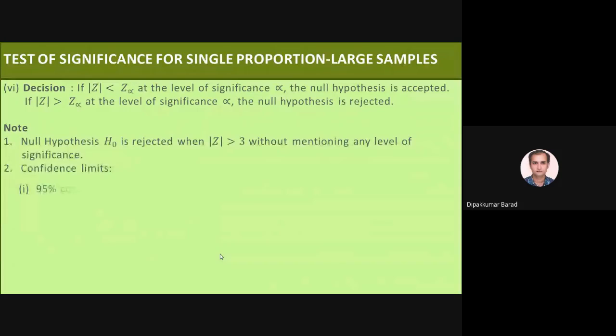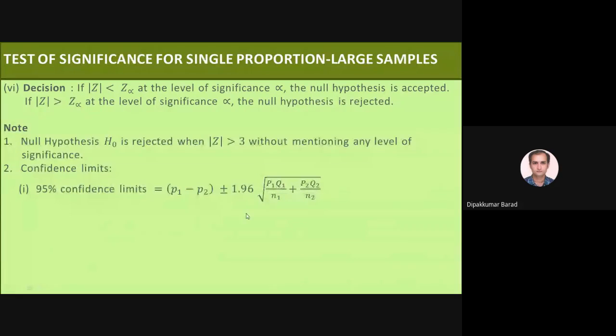The second thing is the confidence interval. The 95% confidence interval, with two samples, is p1 minus p2 plus or minus 1.96 under root of capital P1 Q1 upon N1 plus capital P2 Q2 upon N2.